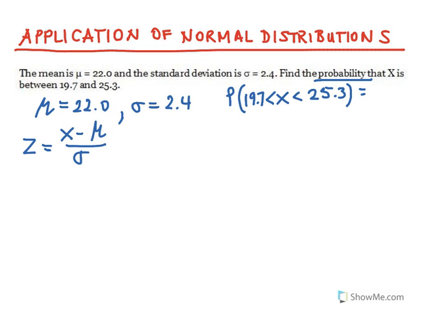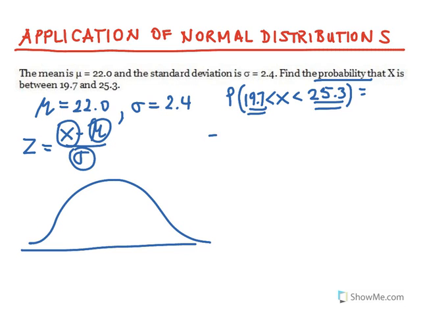We have the mu, the standard deviation, and x is 19.7 and 25.3. So we have to find two z-scores, one for x 19.7 and one for x 25.3, and then find the area that these two z's border.